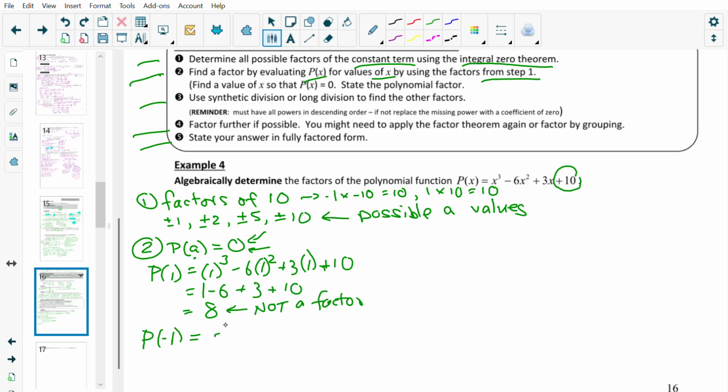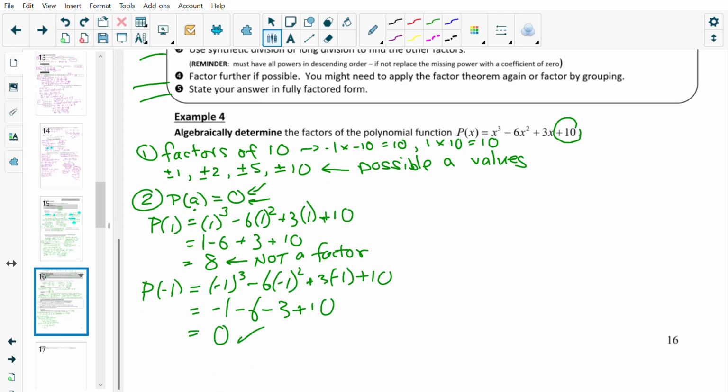Another possible a value. Yes. So a equals negative 1 is a factor, or I should say x plus 1 is a factor.